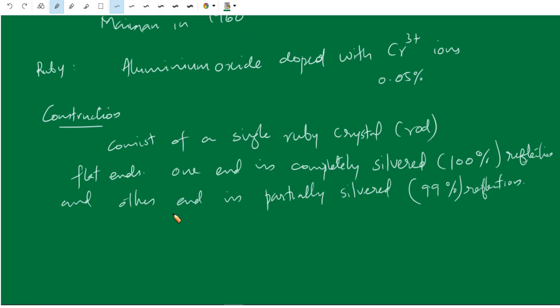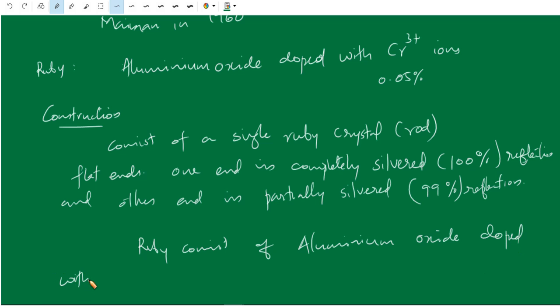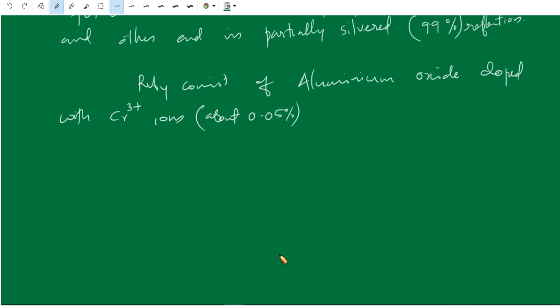This forms a resonant cavity. Ruby consists of aluminum oxide doped with chromium ions, Cr3+. About 0.05 percent of chromium is doped in the aluminum oxide. So this is the active medium used in this laser.